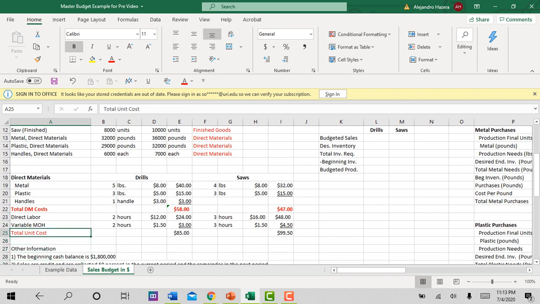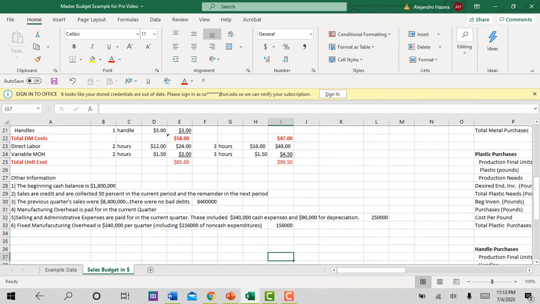So the total unit cost for each one of these products, to make one drill, these are all budgets now, it should cost $85, and to make one saw, it should be $99.50. Of course, based on the last chapter, you could start marking things up there.